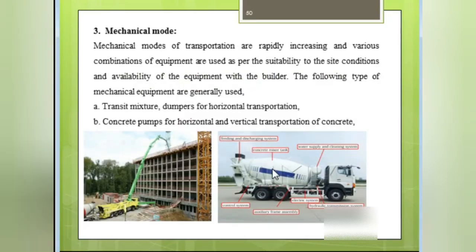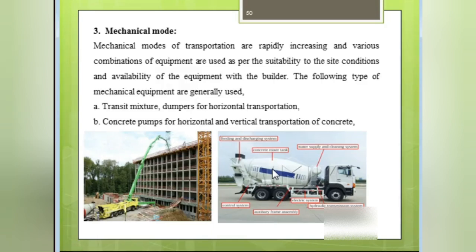Then mechanical mode, as discussed earlier: from the construction site to our RMC plant, concrete should be brought. In the first figure, you can see a high-rise building, and concrete is placed by pumping.